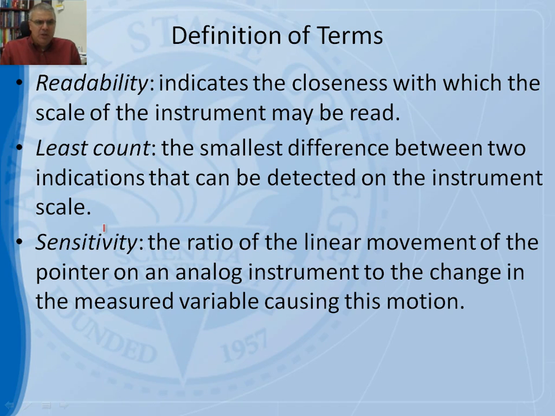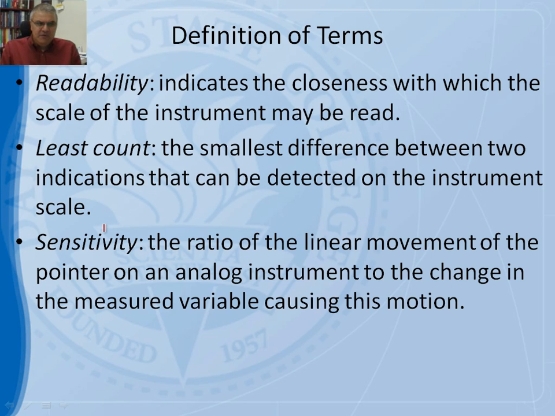There are some terminology that are extremely important in engineering, especially in metrology and instrumentation. Those terms, some of which are most important, are provided to you here. It is very important for you to learn and know the meaning of each term that is presented to you here. The first thing is readability, and this may be different than what you've known already.